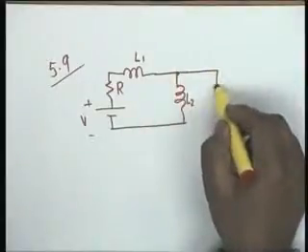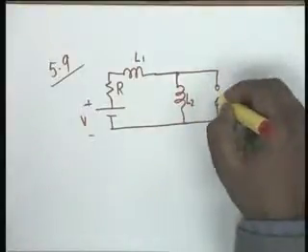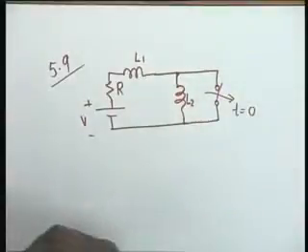Across L2 there is a switch, and the switch was initially closed and thrown open at t equal to 0.